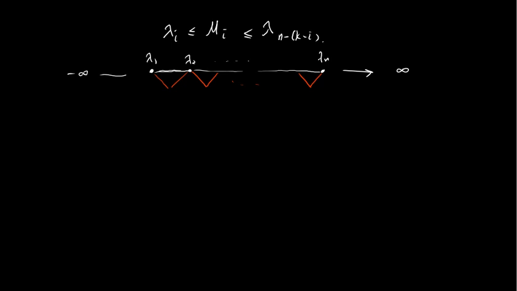If you just take out one column and one row, the eigenvalues of the principal submatrix will be here. But somehow we take out too many rows and columns, so how it looks is something like this shape.